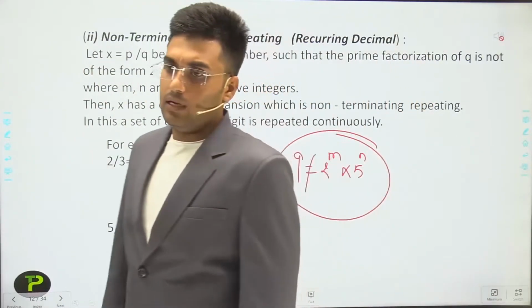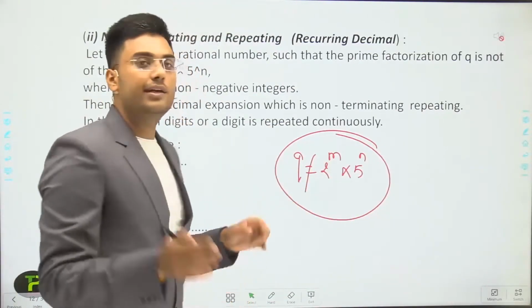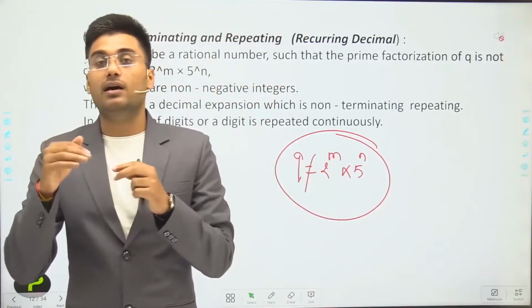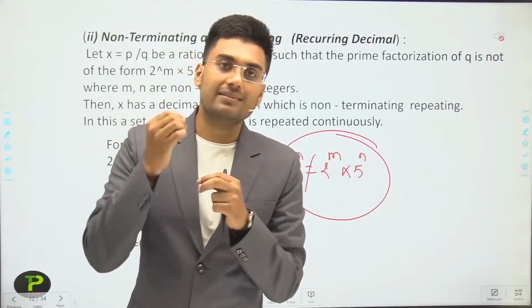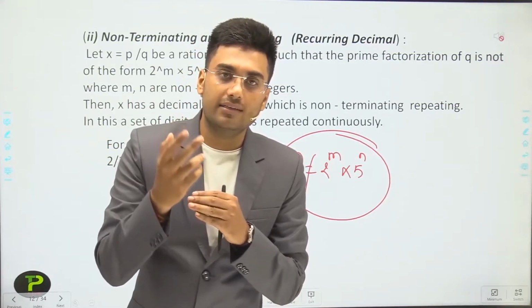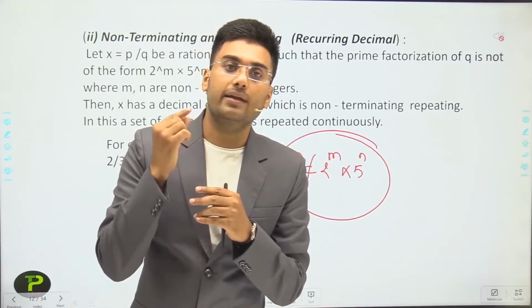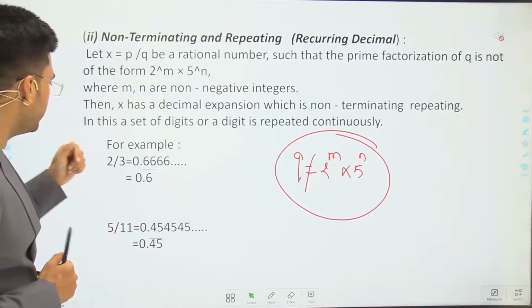Now what does it mean? It means the denominator has a number other than 2 and 5. If it has 3, 7, or 9, then it is a non-terminating and recurring decimal. For example, 2 by 3.